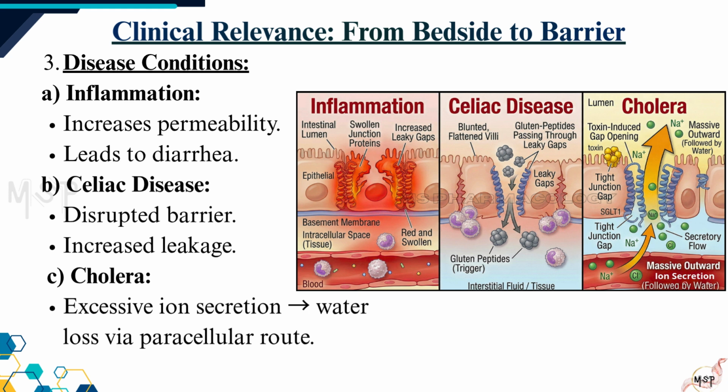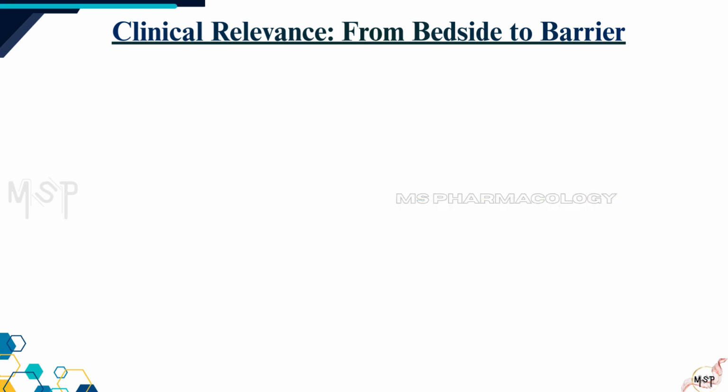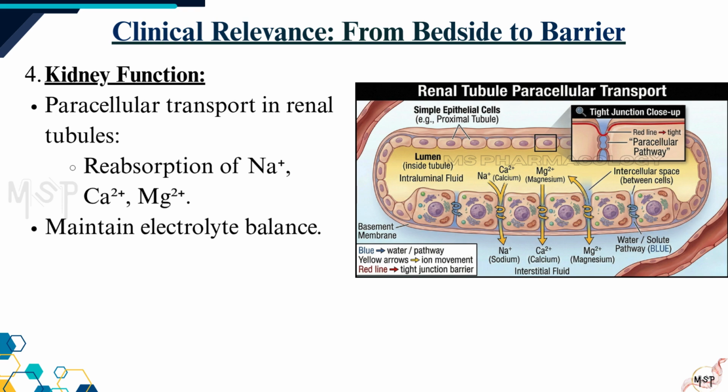Water follows those ions out through the paracellular route, leading to the rapid, dangerous fluid loss we see in the disease. In the kidneys, paracellular transport plays a key role in the renal tubules. Here, important ions such as sodium, calcium, and magnesium are reabsorbed between cells rather than through them. This helps maintain electrolyte balance and supports overall fluid regulation in the body.